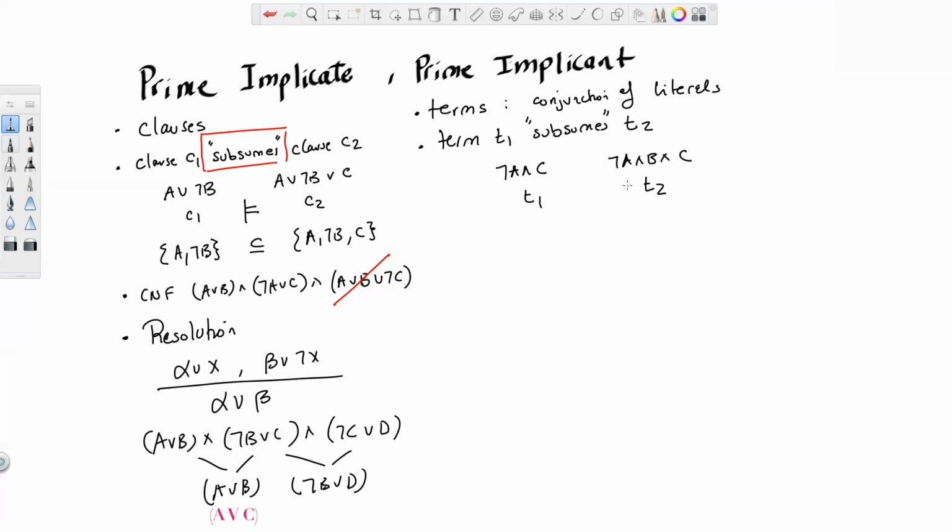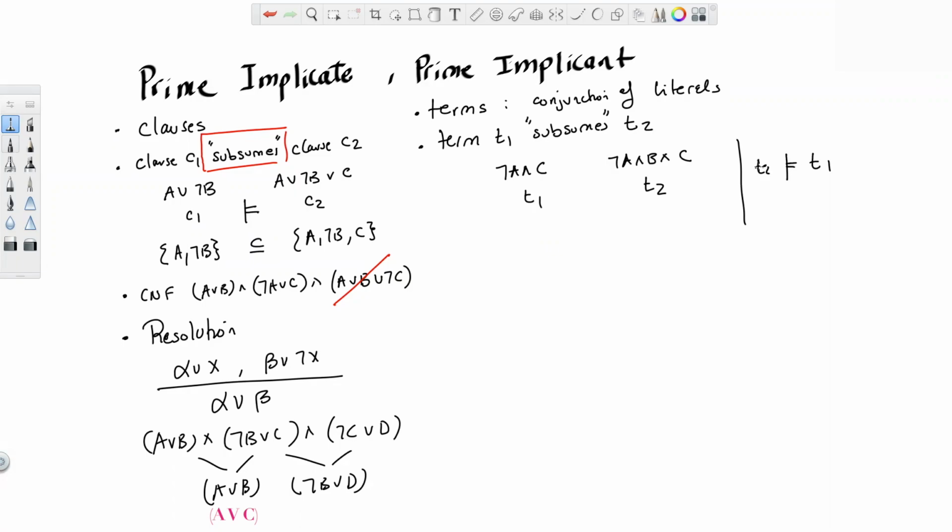Okay, let me give you the definition and we'll see how we can argue for this intuitively. In this particular case, actually, this guy subsumes that guy. So if I use the notation for implications, it will actually be that T2 implies T1.